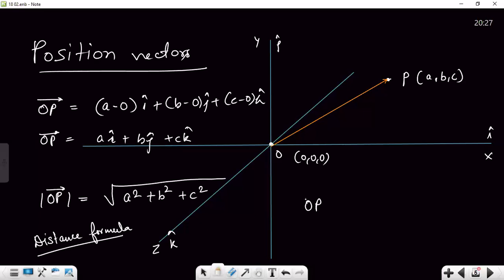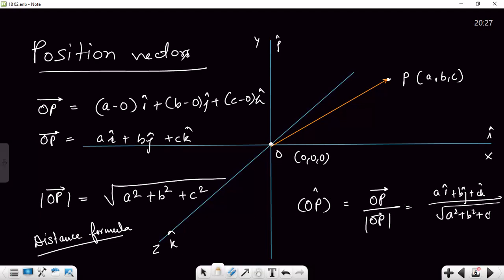So the OP unit vector will be the OP vector divided by the OP vector's magnitude. The OP vector is A I cap plus B J cap plus C K cap, divided by the magnitude, which is square root of A square plus B square plus C square. So this is the unit vector of the OP vector. If we multiply the OP unit vector and the magnitude, we'll get the position vector.